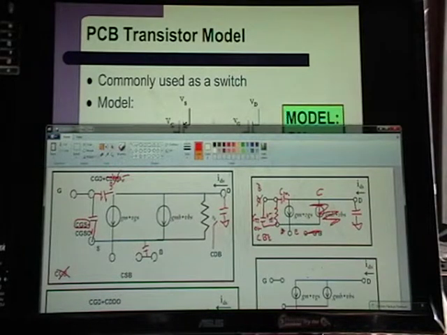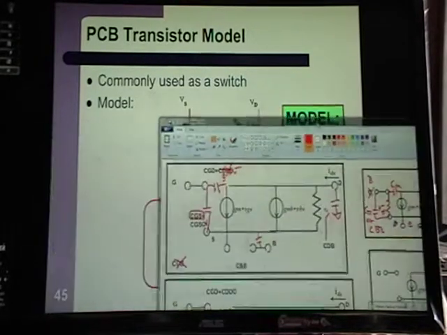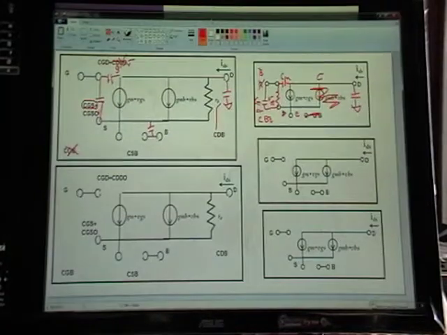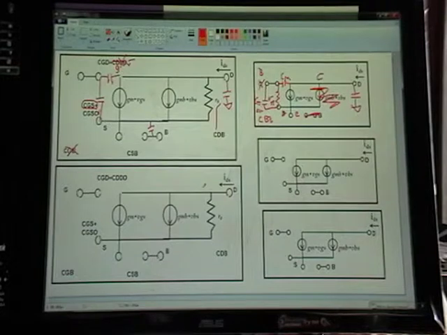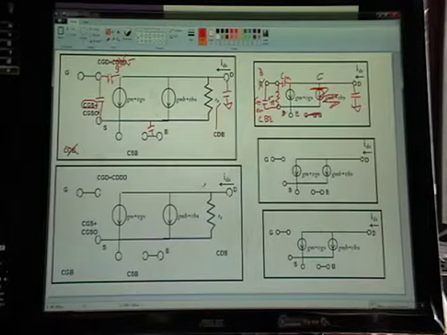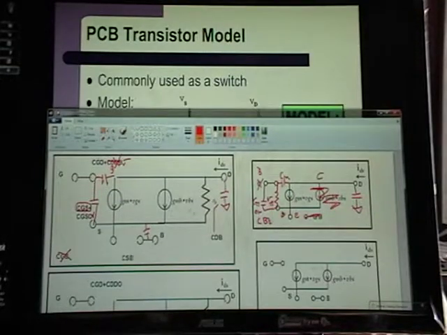And again, this is the model that we used for the MOSFET at first. Totally was useful because all we were looking at was gain. Now we're starting to talk about moving signals, so we have to change the model so it's appropriate to what we're doing, and now we have this model with the capacitances drawn in.